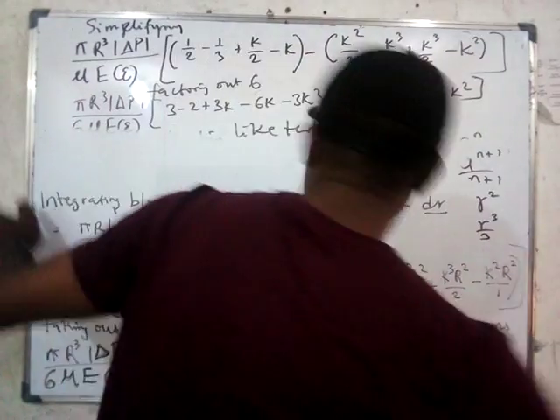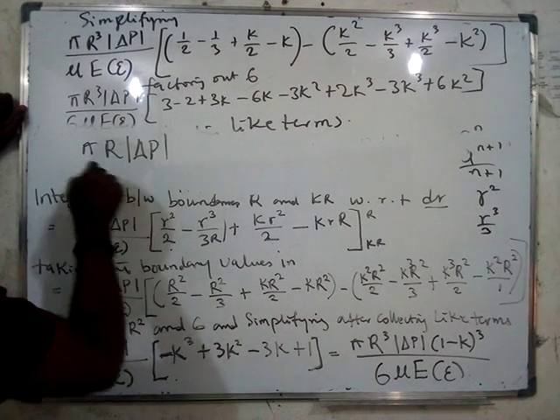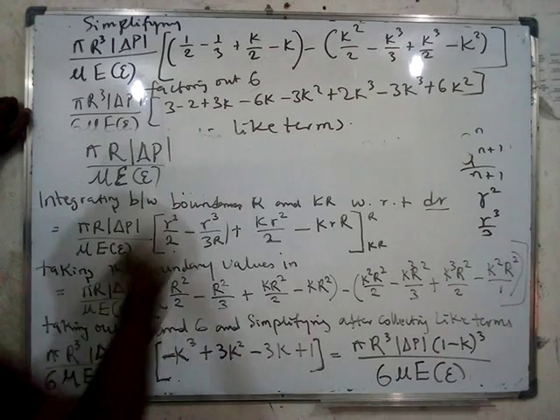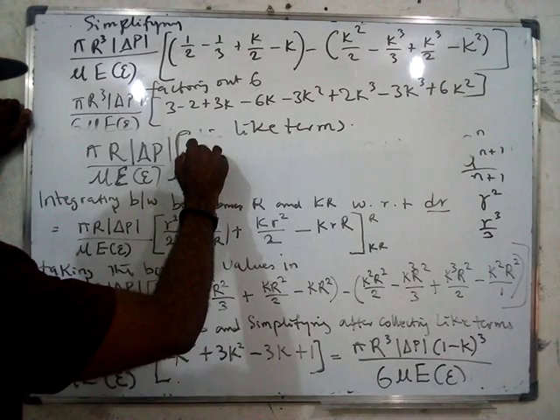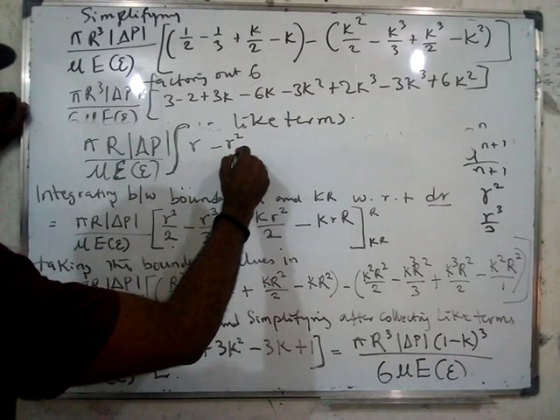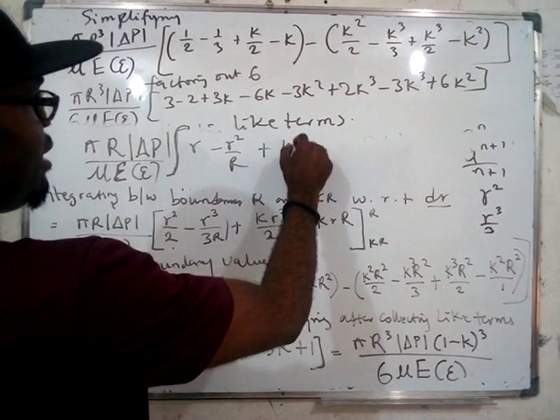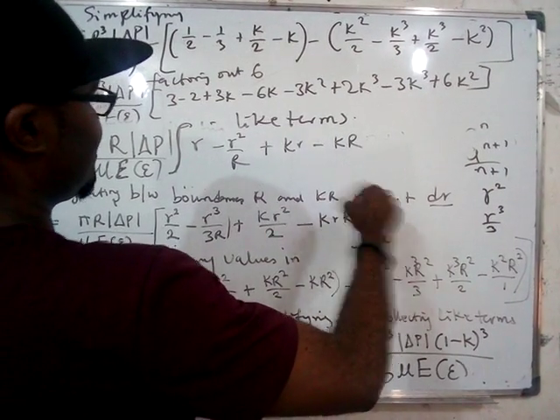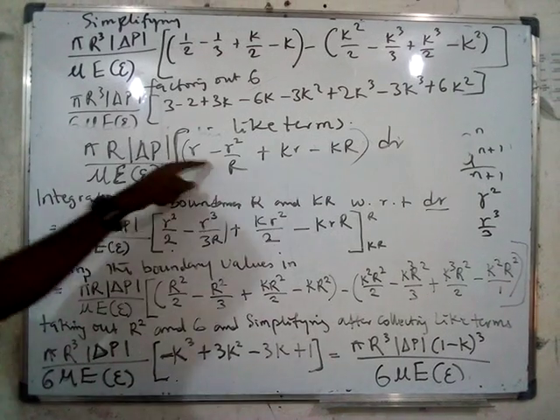So before we got to this step, we had pi R P all over mu E epsilon into bracket, integral of, we had here R minus r squared over big R plus KR minus K big R. So this is what we had, and we are integrating with respect to the R. So this is what gave us this.